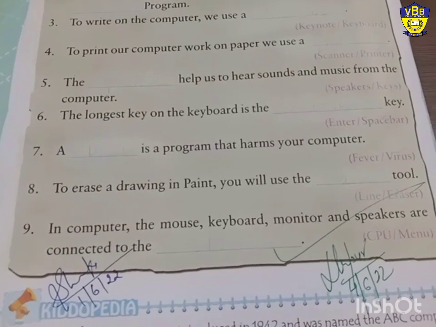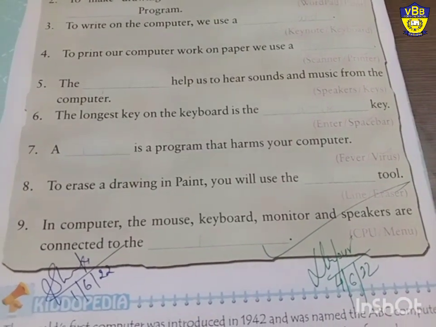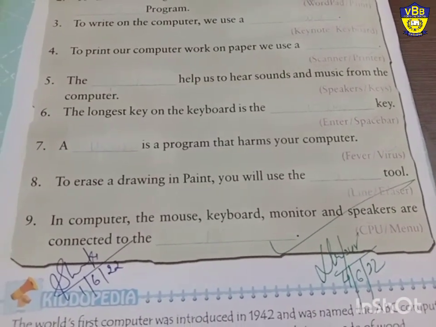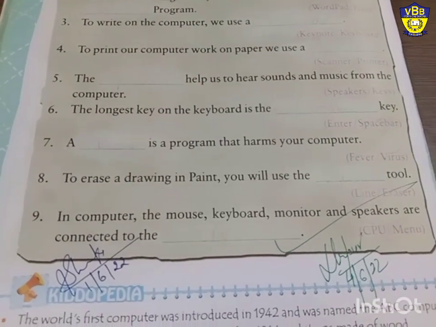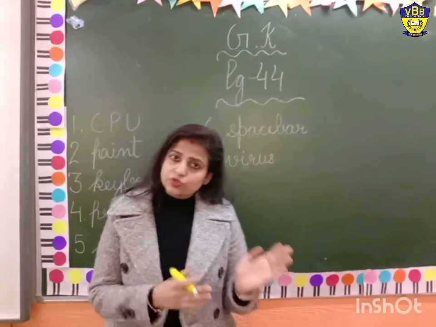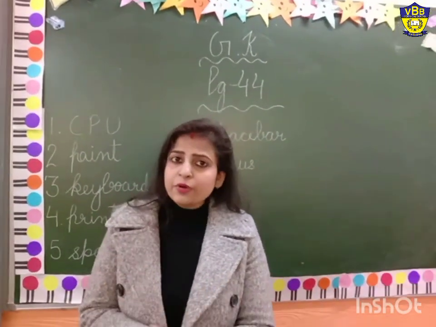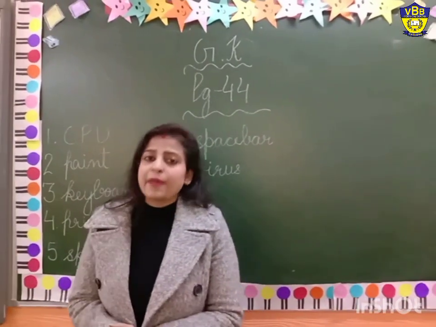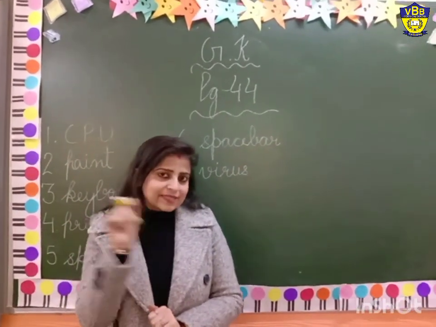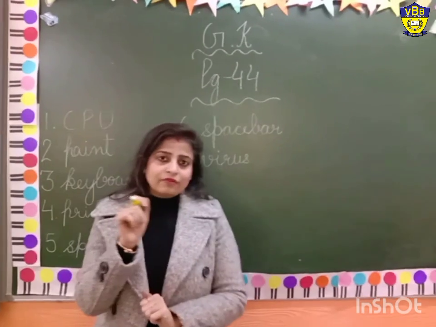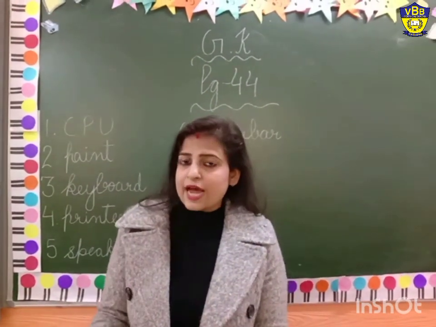Move to the next. To erase a drawing in paint, you will use the dash tool. When we draw something and it goes wrong, we have to change that. When you do something on paper, we use an eraser to change that.